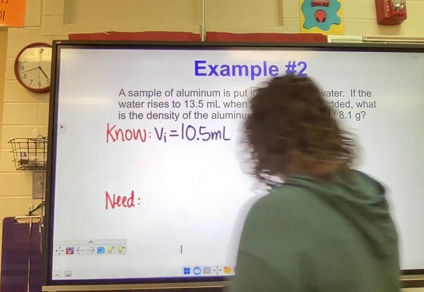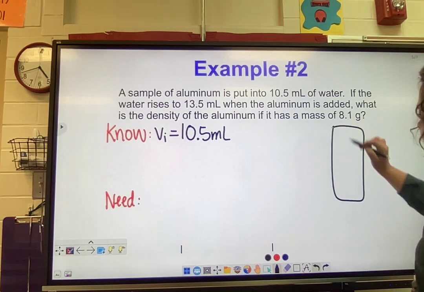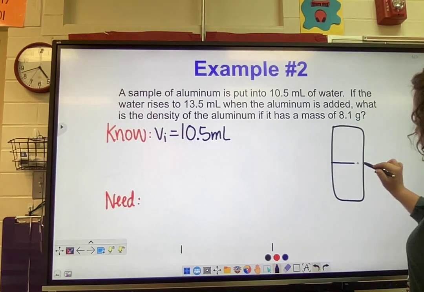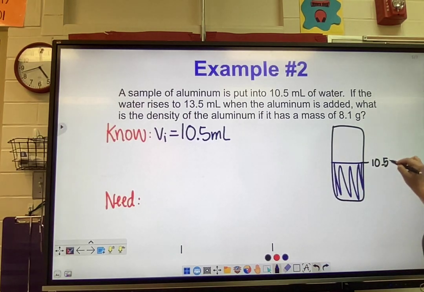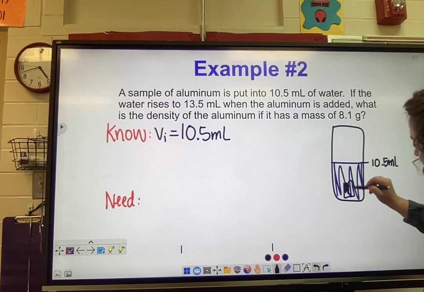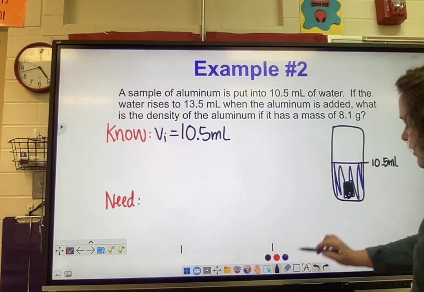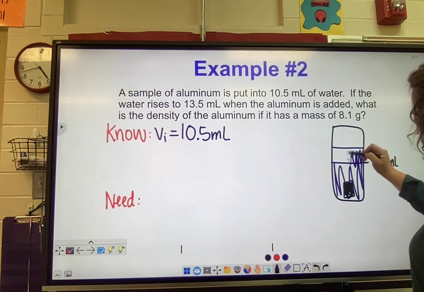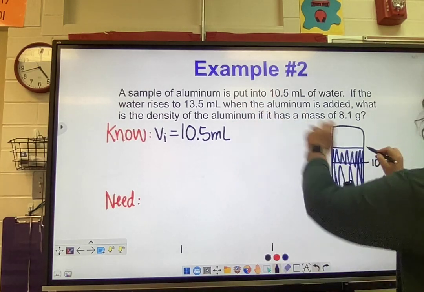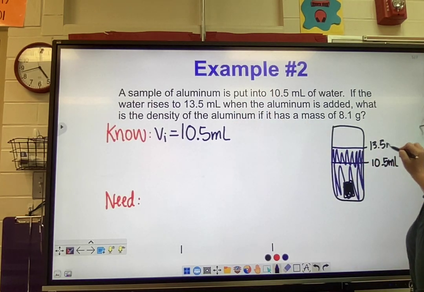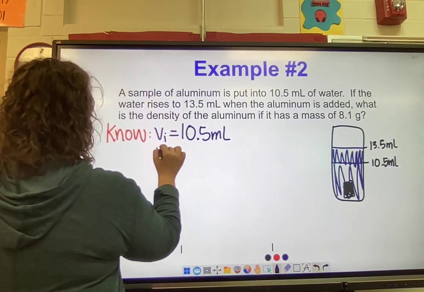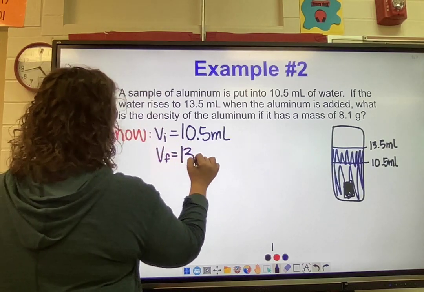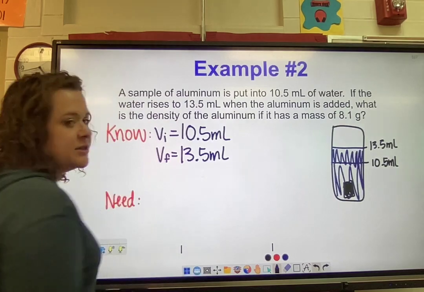So what that's saying is we had a graduated cylinder, and our first amount of water that we had in there was 10.5 milliliters. Then we put the object in the water, and the water then rose to the 13.5 milliliters. Well, just like we did in the last problem, we know that our V sub F is the 13.5 milliliters.